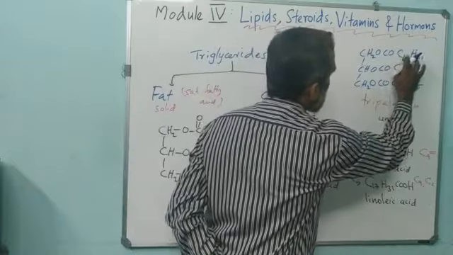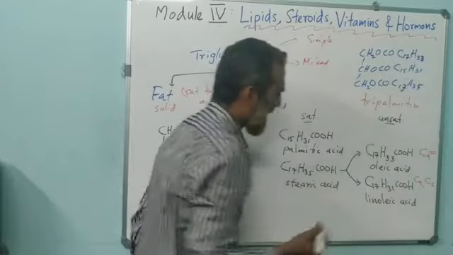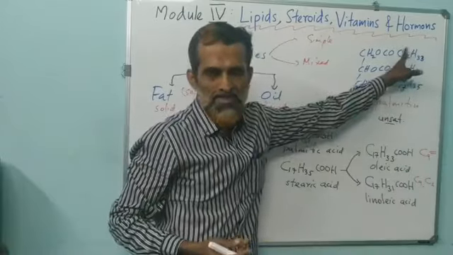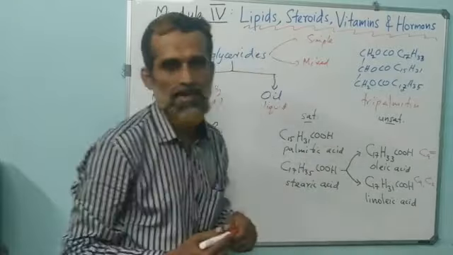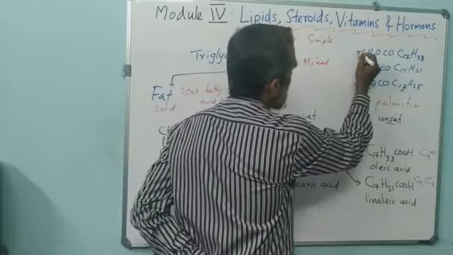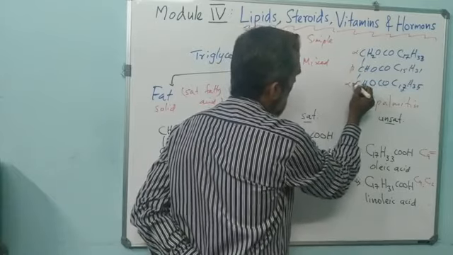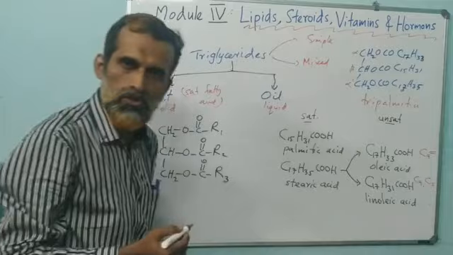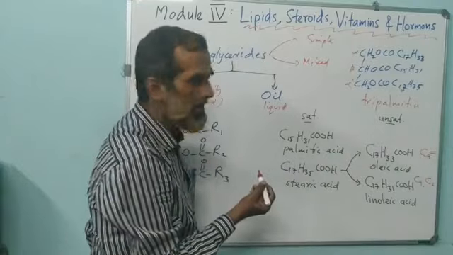This, let me change to C17H33. That means it is the oleic acid moiety. So how do you name this one? This is a mixed triglyceride. So it's numbered like this. This is alpha, this is beta, and this is alpha dash, because these are equivalent positions.